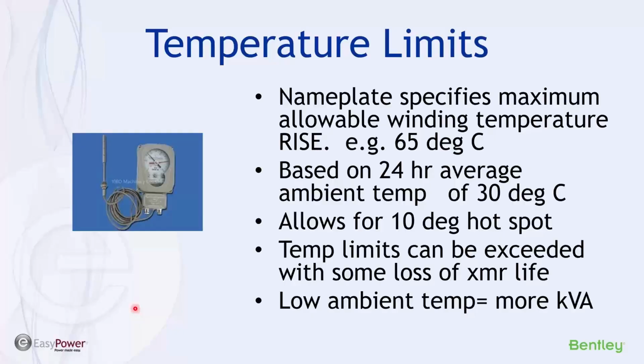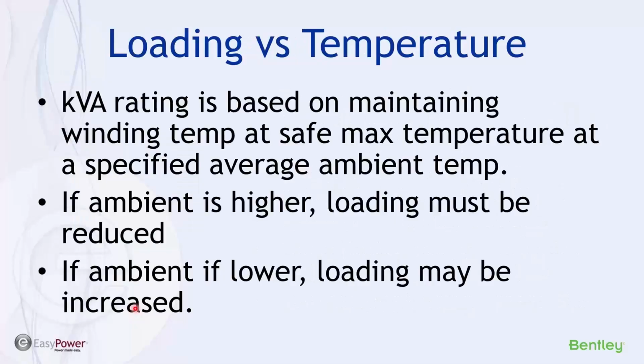Now, it is true that the lower the ambient temperature, the more capacity the transformer is capable of. And so frequently, people will take advantage of the fact that a lower ambient temperature allows more capacity for the transformer itself.